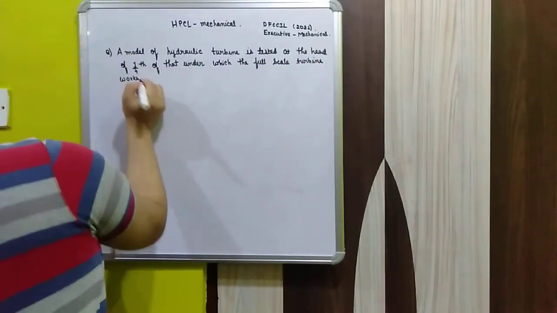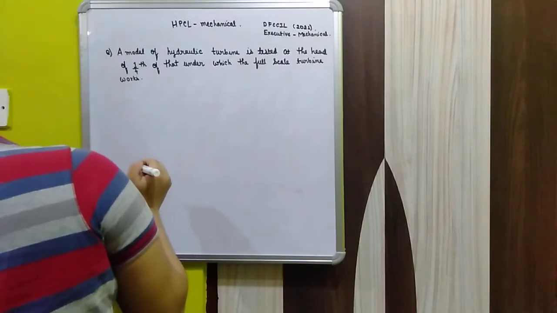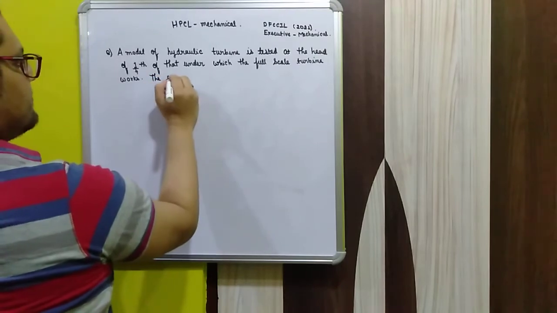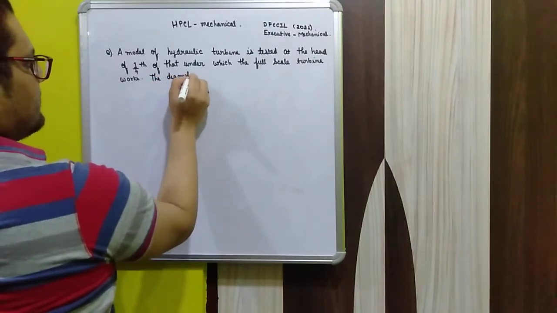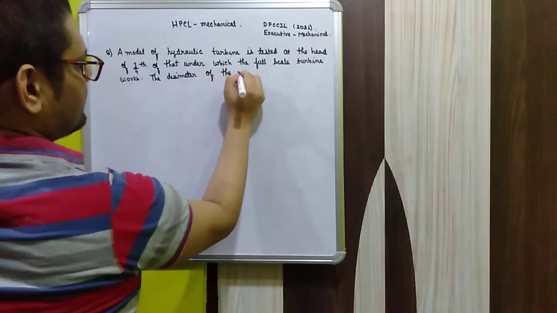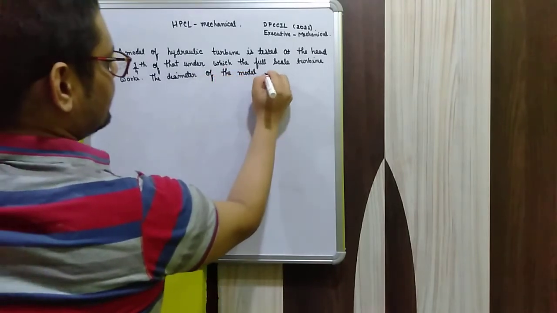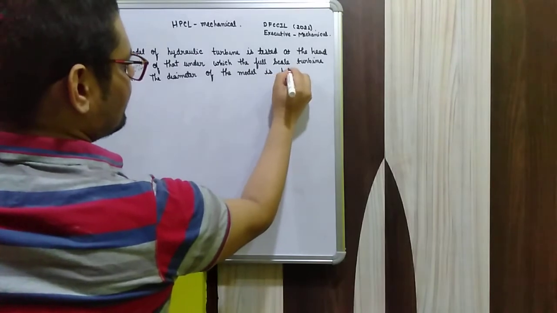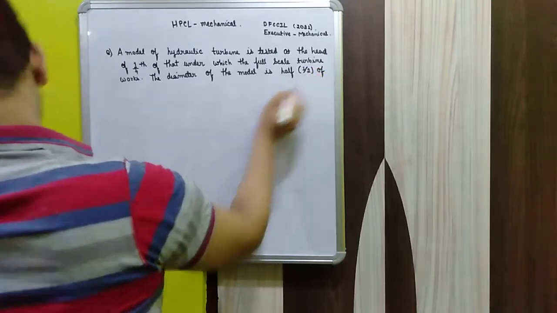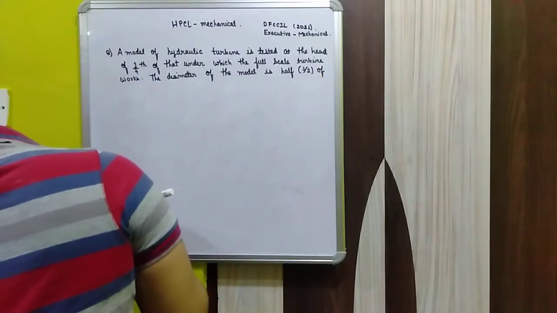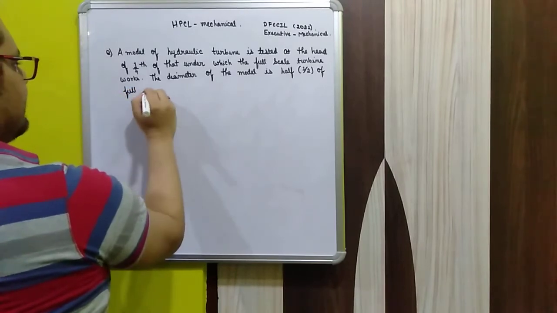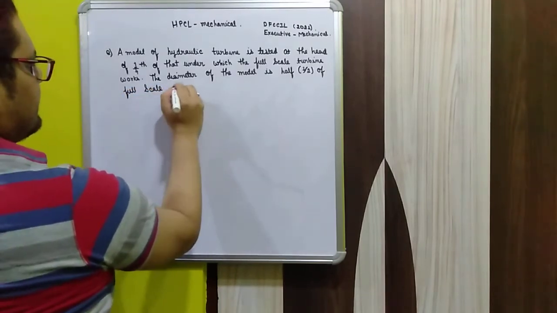The next part of the question: the diameter of the model is half, that is 1/2, of the full scale turbine.